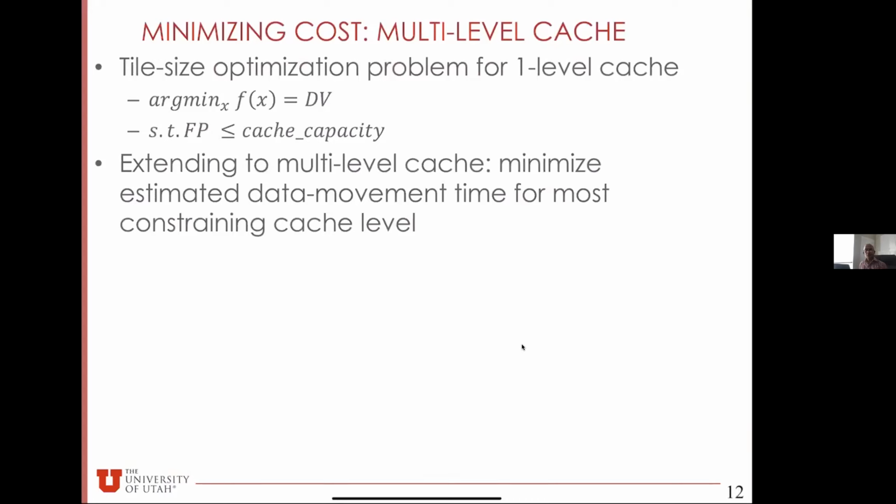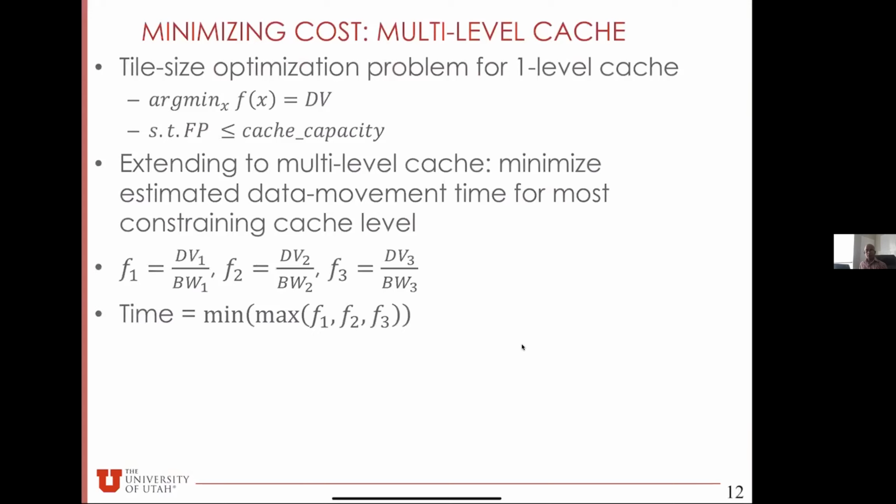Now, if you want to extend to a multi-level cache, we need to minimize the estimated data movement. What we do is minimize the estimated data movement time for the most constraining cache level, because we assume that data movement can happen concurrently between the different levels.